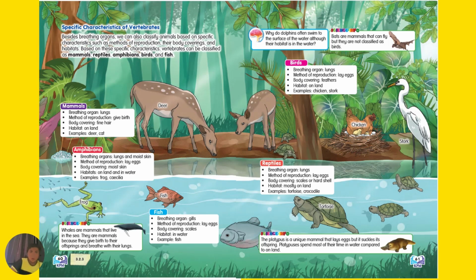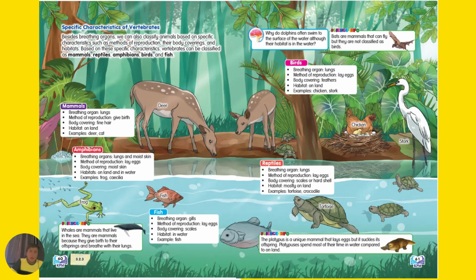Carilah. Okay, so please remember all these 5 categories or the specific characteristics of vertebrates. Mammals, amphibians, fish, birds, and reptiles. And you must remember all the specific characteristics of each category. For mammals, apa dia punya ciri-ciri. Amphibian, apa dia punya ciri-ciri. Fish, birds, reptiles, apa dia punya ciri-ciri.